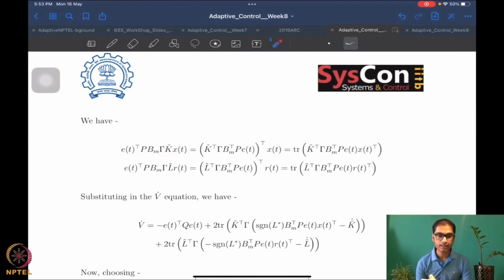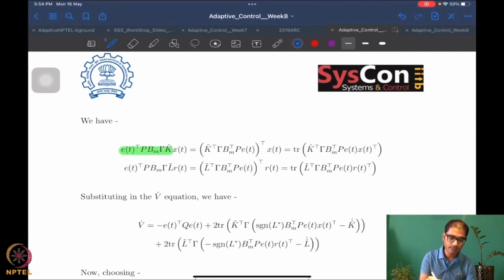If you look at this term, I know this is a scalar, so what do I think of this whole piece, this entire piece until here?